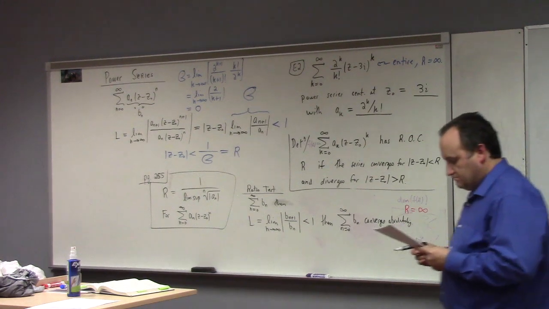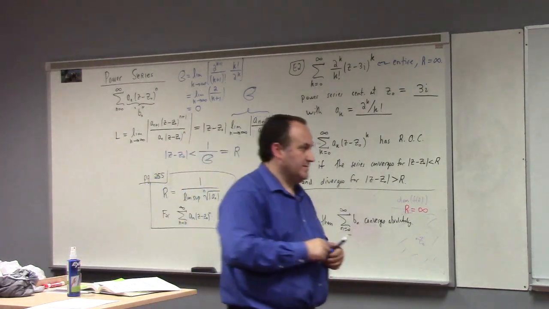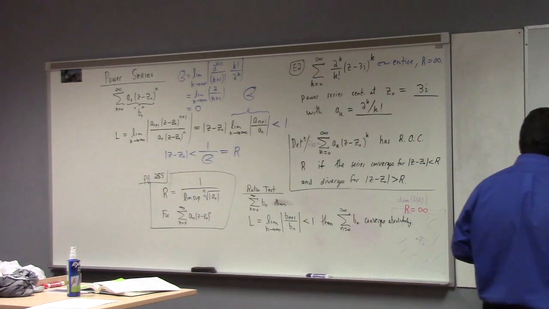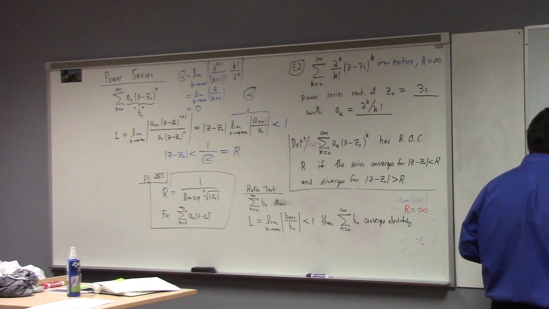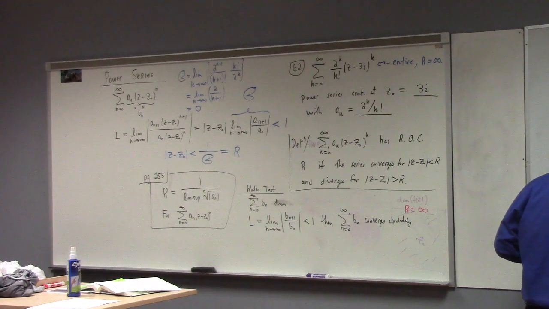Moreover, for any r that's less than rho, fixed r, all right?